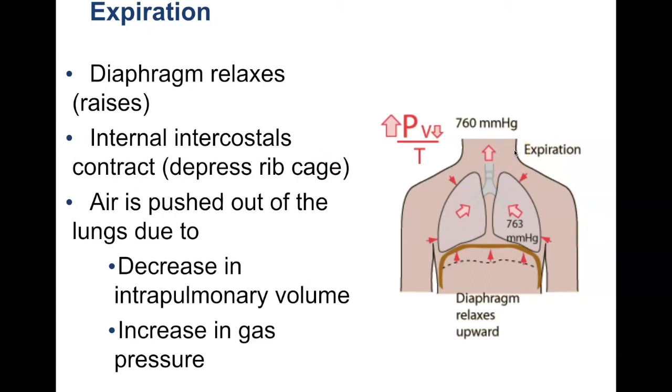And so when this happens and our diaphragm relaxes and the internal intercostal muscles contract, pushing the rib cage back in, it's going to squeeze the lungs, and the lungs will push air out. And so the volume decreases, and our pressure is also going to increase.